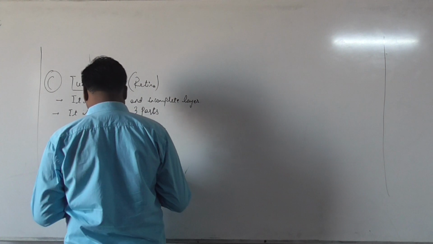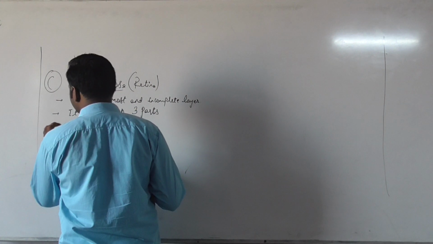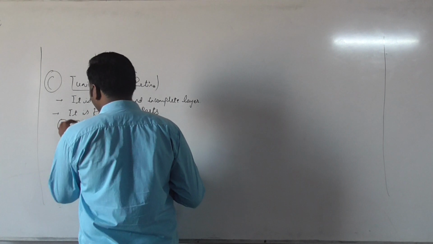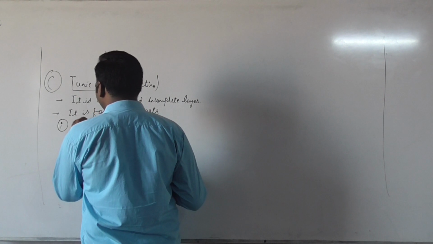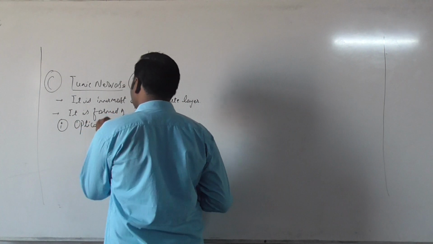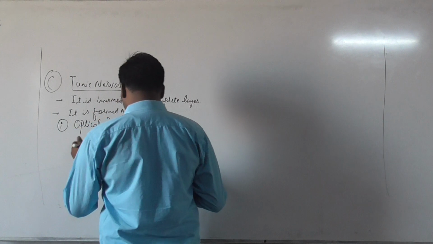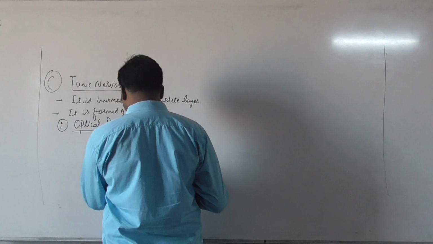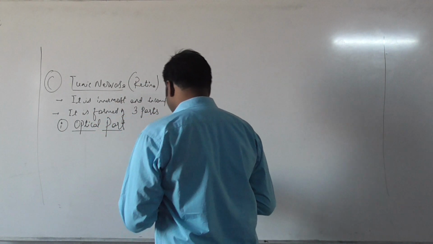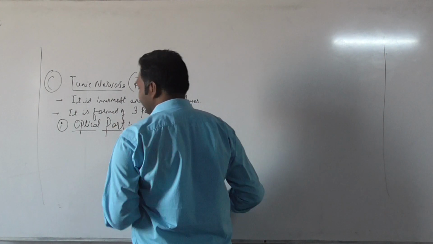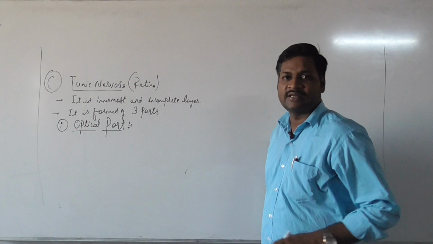The first part is the optical part. Then this optical part is further divided. Let's write down certain points about the optical part, then we will see its subtypes.